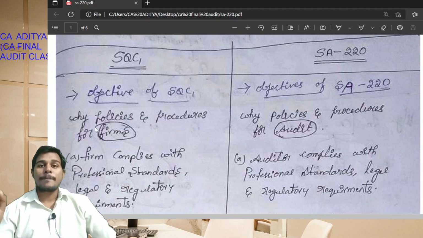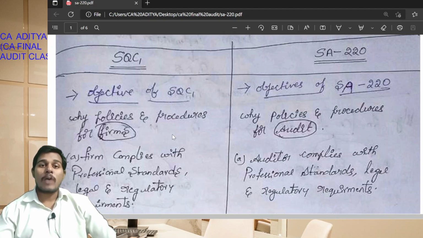The firm should comply with professional standards, legal and regulatory requirements. The firm should maintain policies and procedures to comply with professional standards and legal and regulatory requirements.